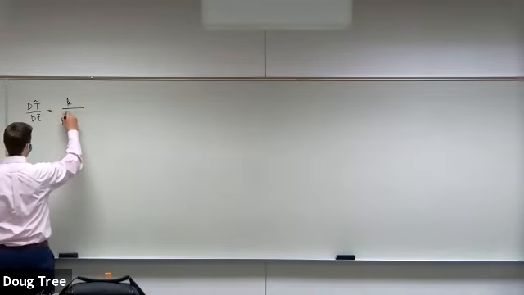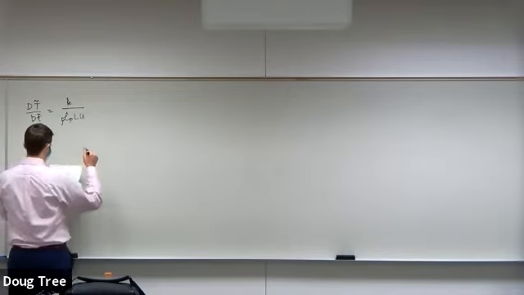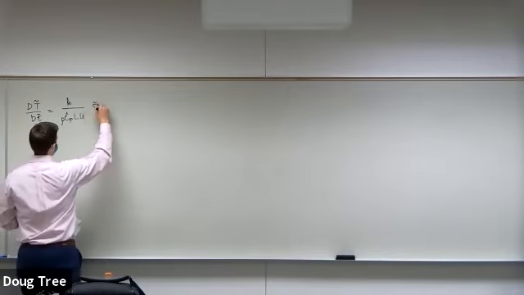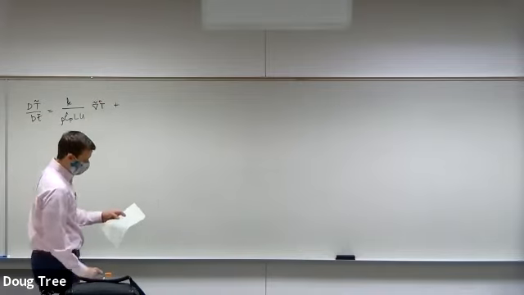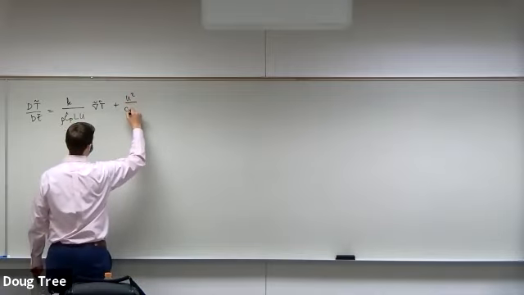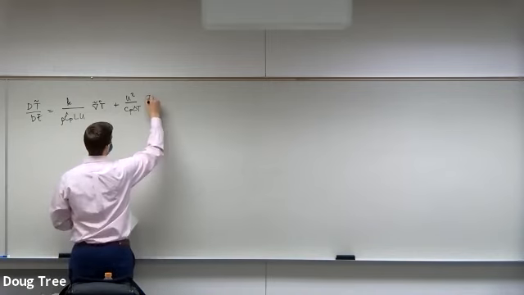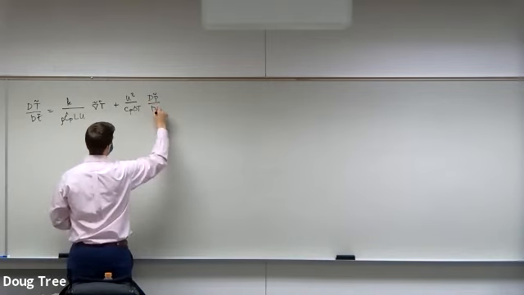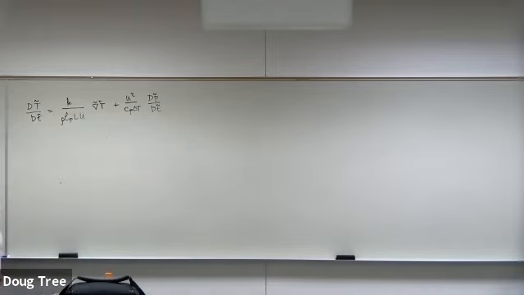Rho C sub P L U. That one I get? Yep. Okay. Grad squared T. On the other side, we get U squared over C sub P delta T, right? And this one is P tilde. Okay, so that's what we get.